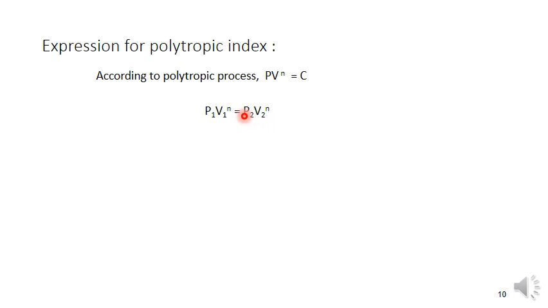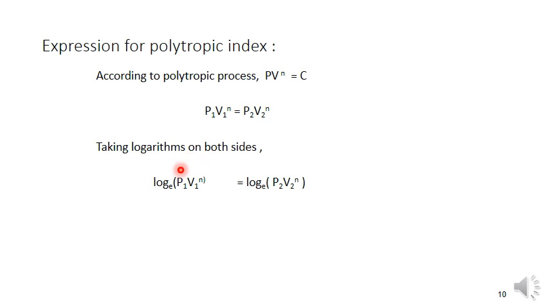Now I am taking the logarithm on both sides, applying log on both sides: log of P1 V1^n equals log of P2 V2^n.